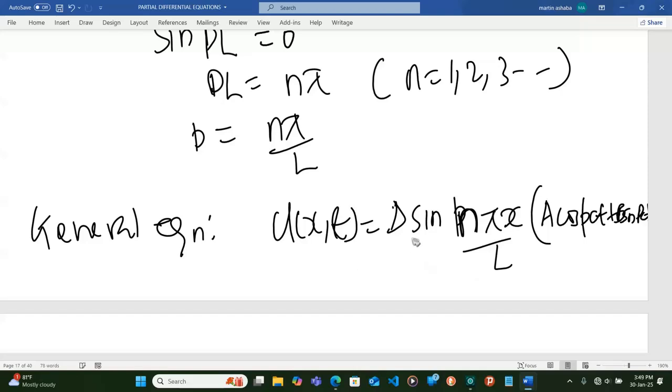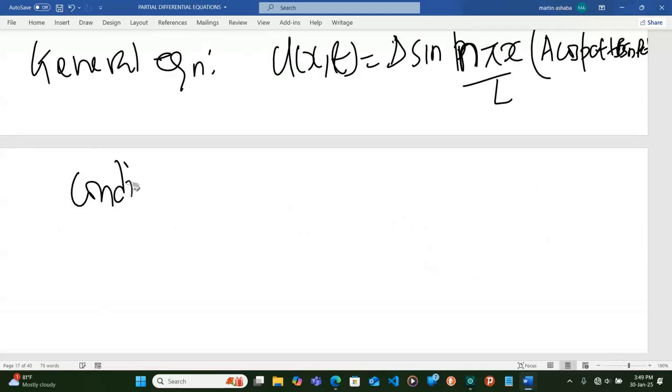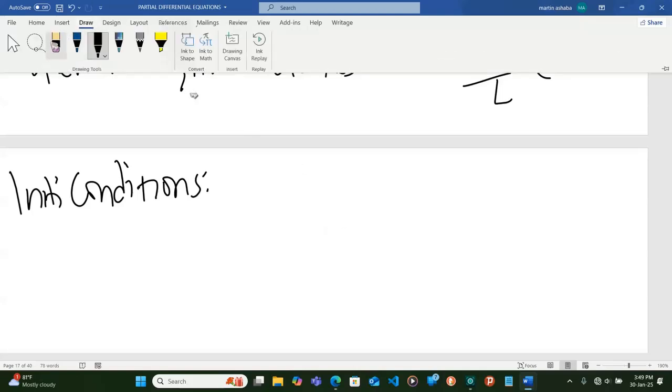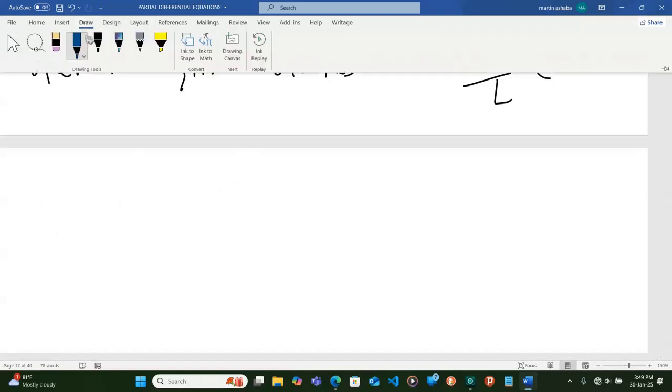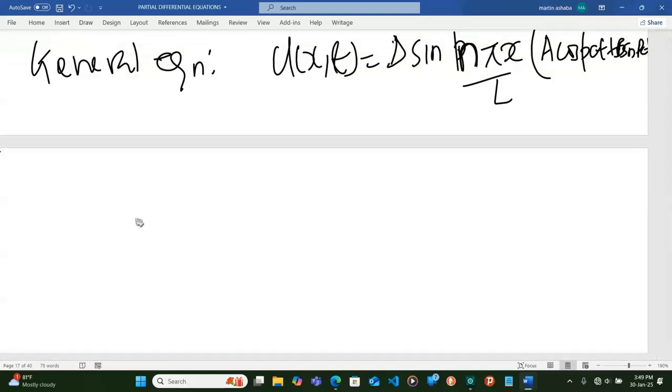Okay? Now, let's consider initial conditions. Maybe before that we can do this. Let's first distribute that d inside so that we have generalized constants.